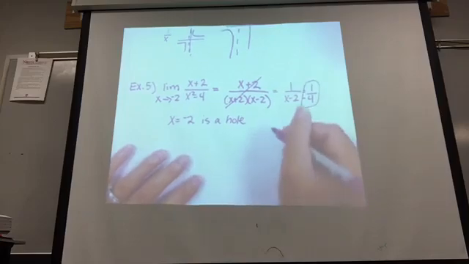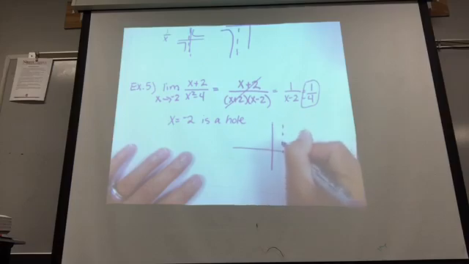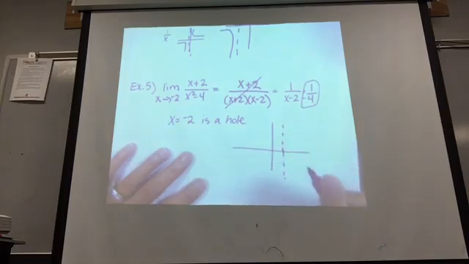And I don't have a sketch of this graph. I have a vertical asymptote at 2. So at negative 2, I have this point, negative 2, negative 1/4.